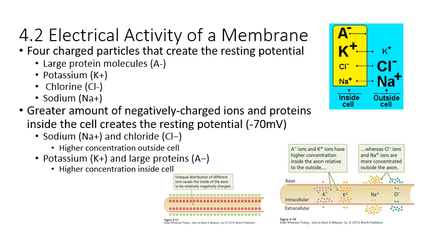And then there's potassium, K+, chlorine, which we're going to show as Cl-, and sodium, Na+. There's a greater amount of negatively charged ions and proteins inside the cell, which creates that resting potential of negative 70 millivolts. There's more sodium and chloride outside of the cell, and higher concentrations of potassium and those large proteins inside the cell at resting potential.